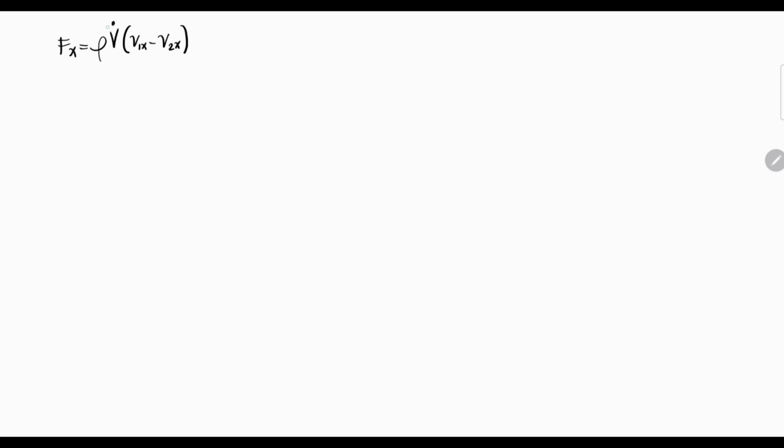But since we don't have the volume flow rate, although we know the density of water, if you remember, the density of water is equal to mass over volume.